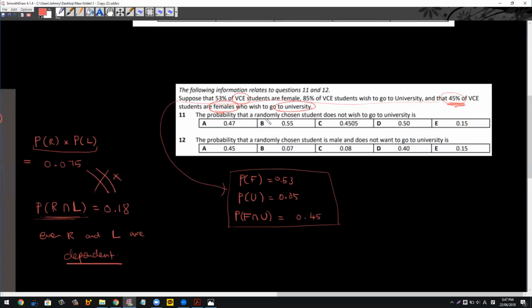So what is the probability that a randomly chosen student does not wish to go to university? Okay, what you have to do first, I think, is finish this Venn diagram.